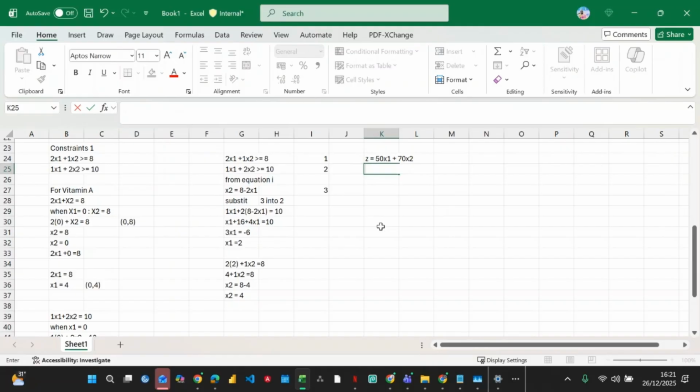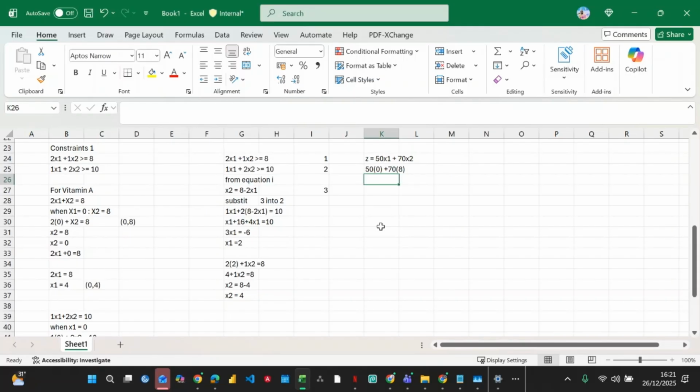First one, where x1 is equal to 0, what we have is 50 times x1, which is 0, right? And then plus 70 times 8, right? So 50 times 0 is equal to 0, right?